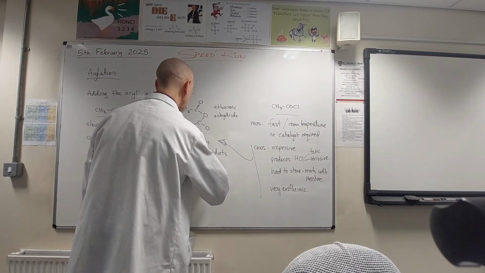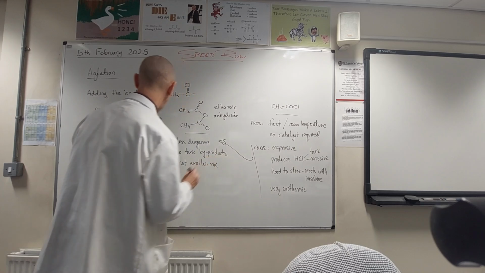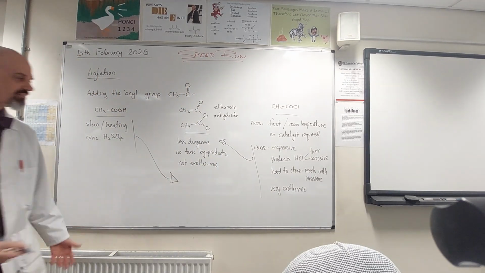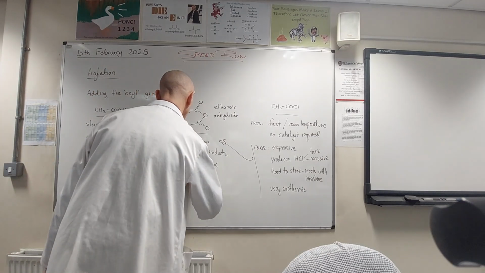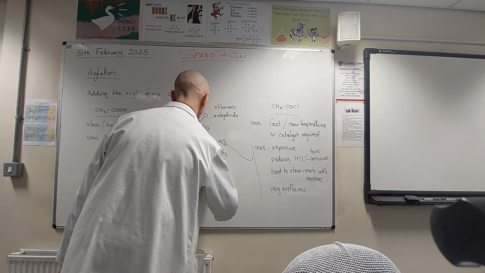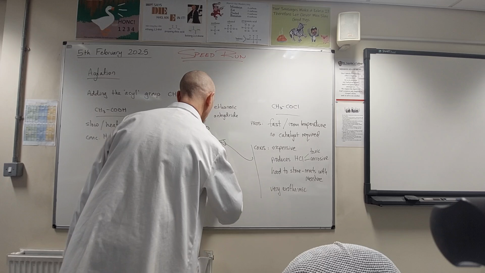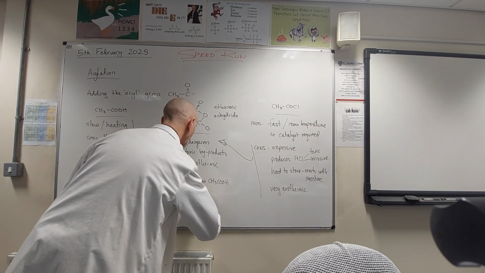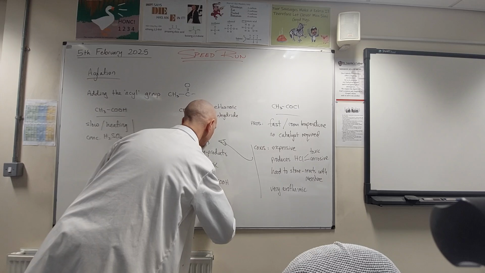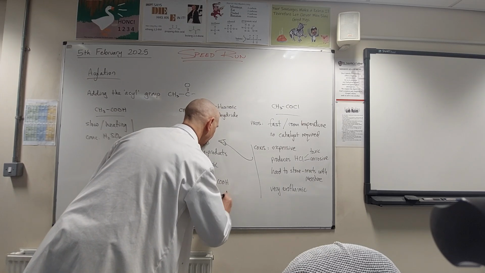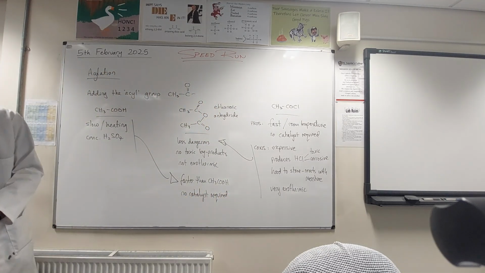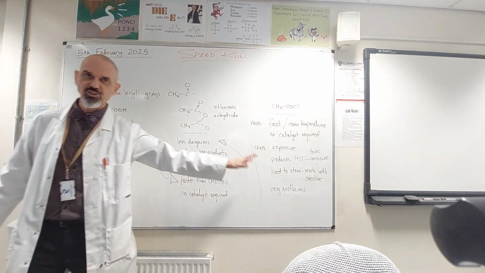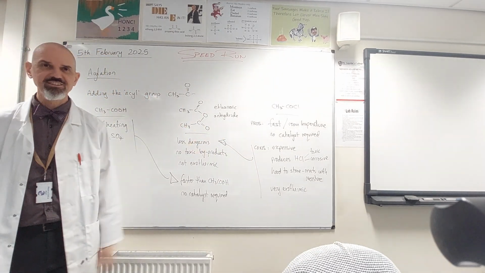But if I compare them with carboxylic acids, well, they are still faster than reacting with a carboxylic acid, and there's still no catalyst required. So that kind of Goldilocks moment in the middle there, where it's not too fast, not too slow, just right.